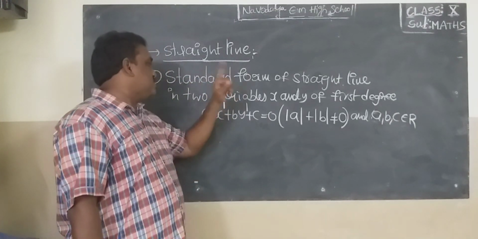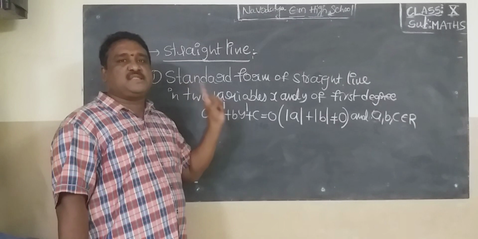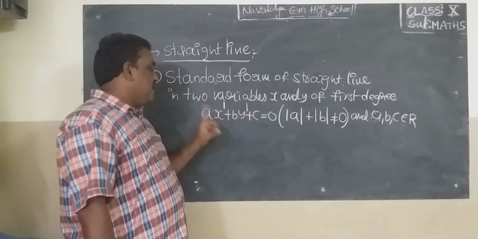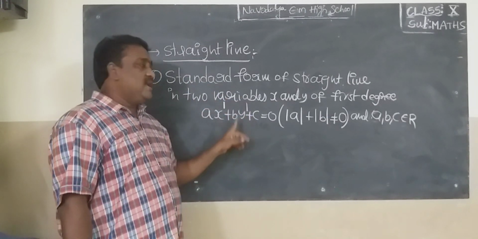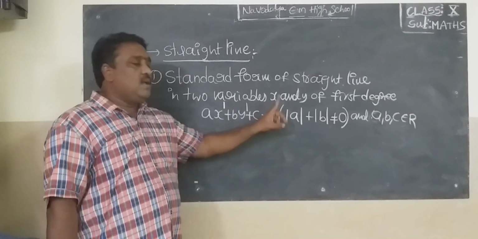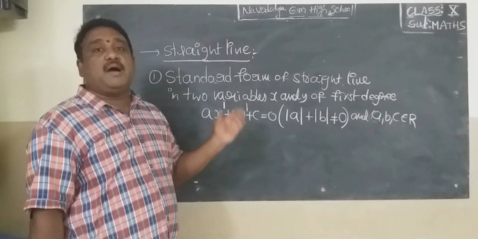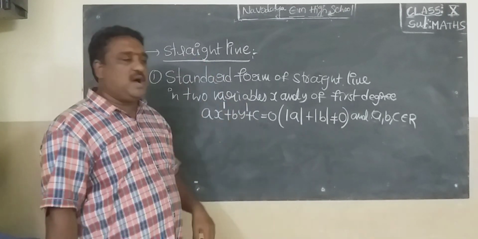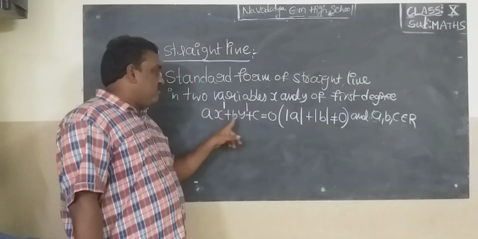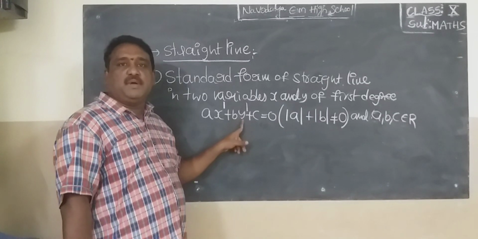Standard form of a straight line in two variables x and y of first degree: Ax plus By plus C equal to 0, mod A plus mod B not equal to 0, and A, B, C belong to R. Here x and y are known as variables.